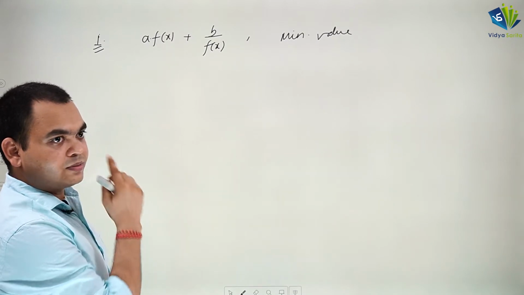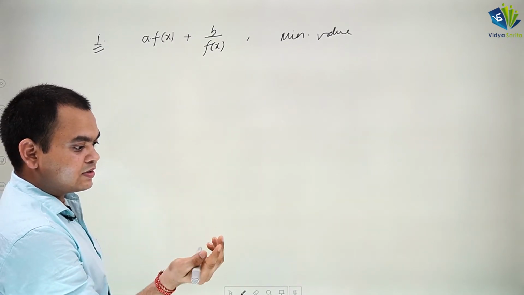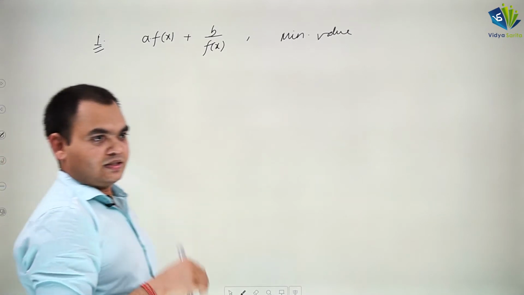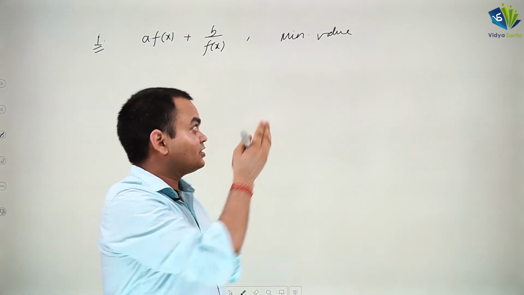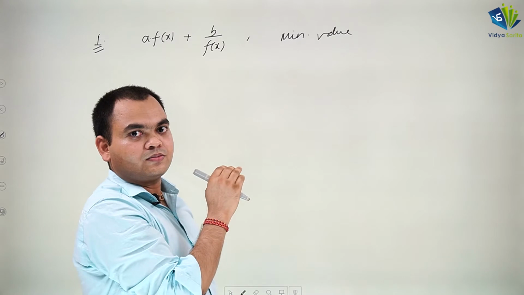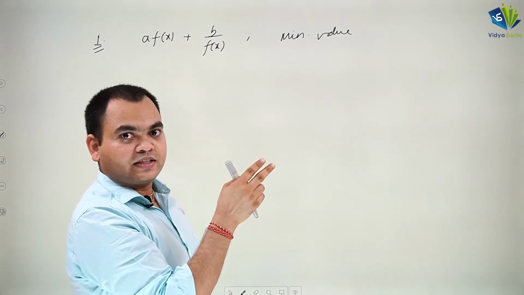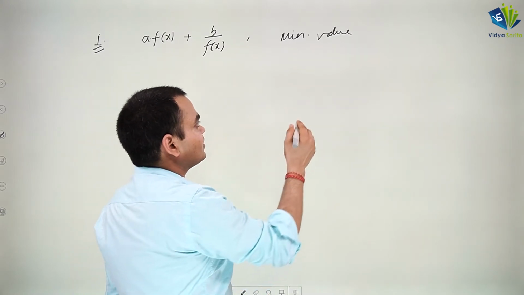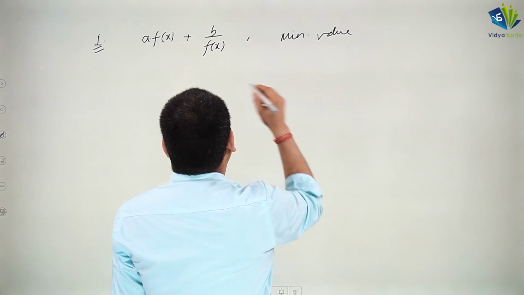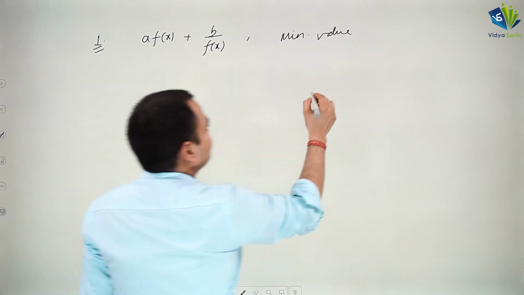So two hints will be given. If some question is given, how do we know whether this concept is applied or not? These two hints will be given. First hint will be that all quantities are positive.